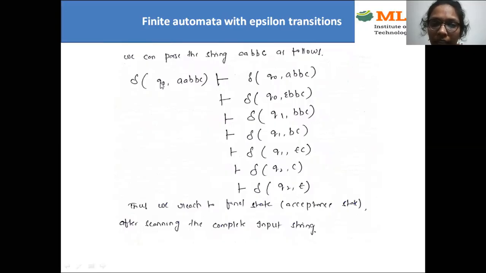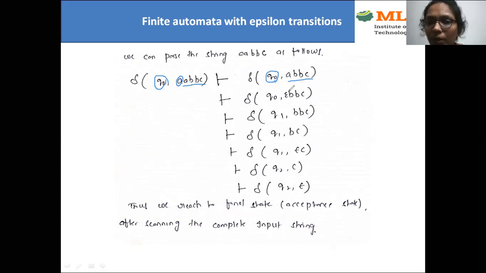Q naught on A goes to Q naught only. What is the remaining thing we have? A, B, B, C, right? Now again Q naught on A, after removing that A, what we have here is epsilon. We should consider epsilon here. See, this is important: when I should consider epsilon, and when I should not.